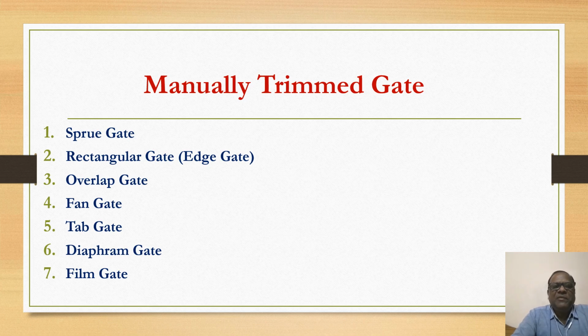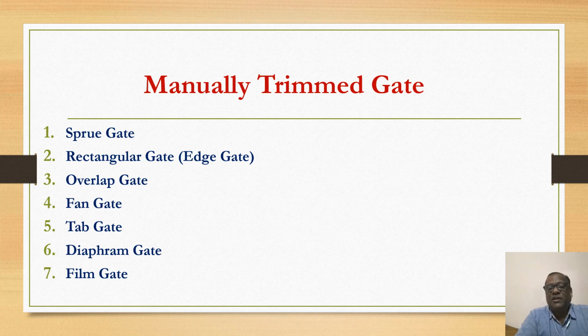For the manually trimmed gates, I wrote only a few of the names. One is called sprue gate. This sprue gate is used only for single cavity. When you are going to design a mold and it is a single cavity mold, in that case the option is to go for a sprue gate.